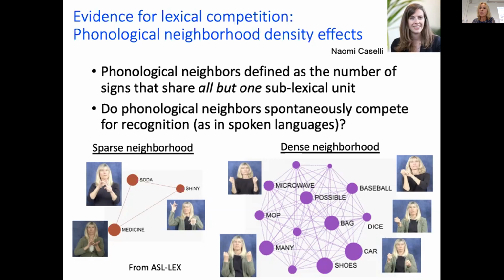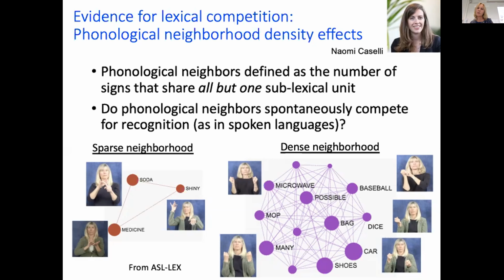It's all of those words that are similar except for one sublexical unit. So using data from ASL-LEX, Naomi was able to quantify for each sign in her study the phonological neighborhood for that sign based on the same type of definition, signs that differ by one unit. And the key question is whether we see this without a prime in the environment.